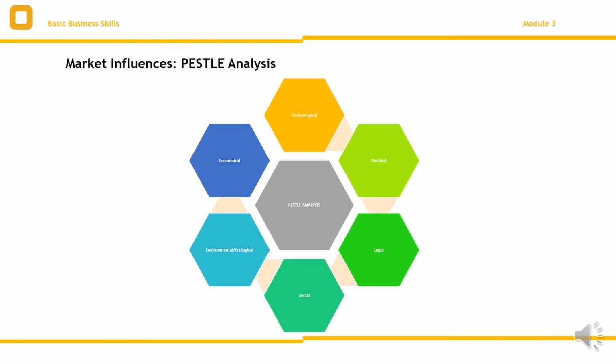It refers to the political environment within a country, within your local municipality, or within your district. So how do these political factors influence your business? Various laws that have to do with small businesses, that have to do with trading, all have a direct impact on your business and you have to be compliant with those laws.